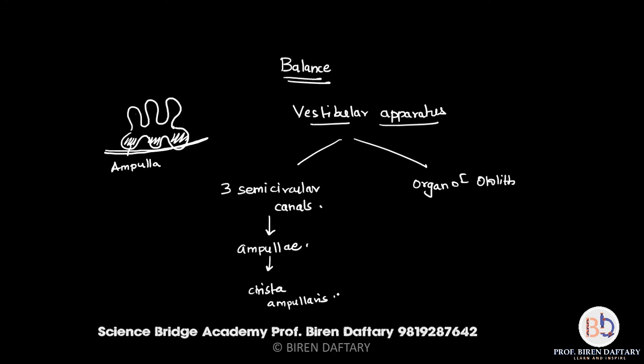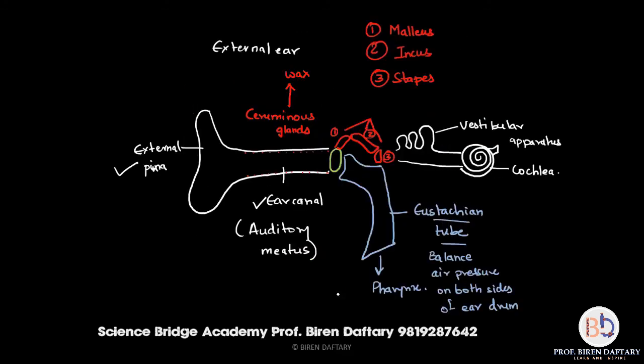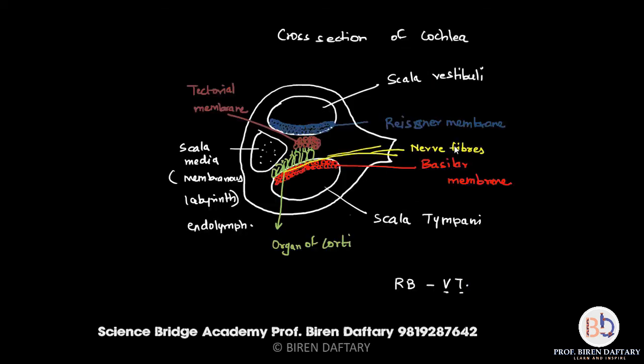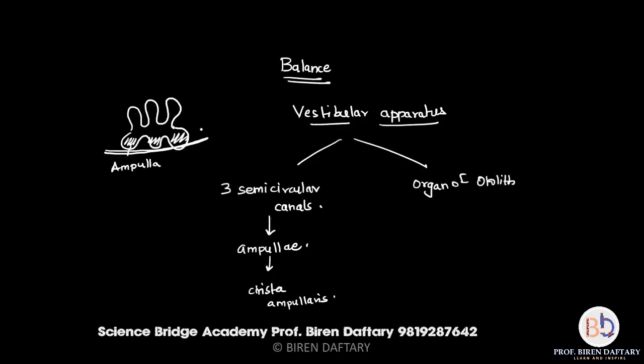If you see in this diagram, there are three semicircular canals. The base over here, which I have not drawn, is swollen or expanded, and from that base arises the portion which is called the ampulla. These are the canals, this is the base which is swollen, and on that passes a structure called crista ampullaris. So this is crista ampullaris.